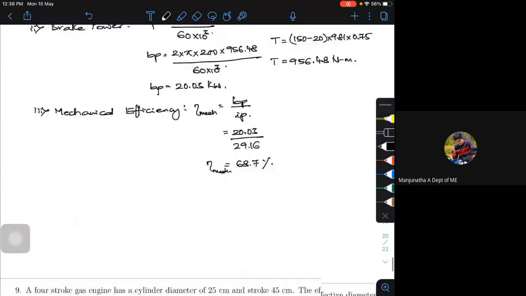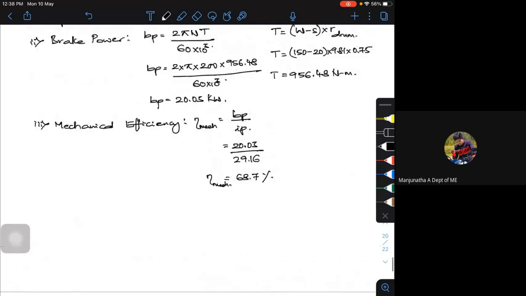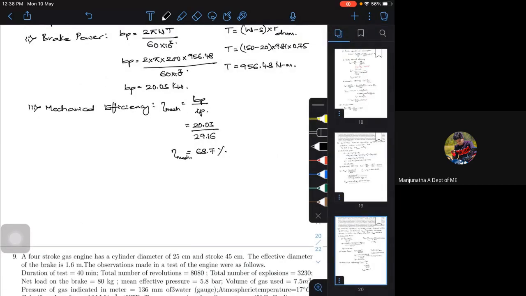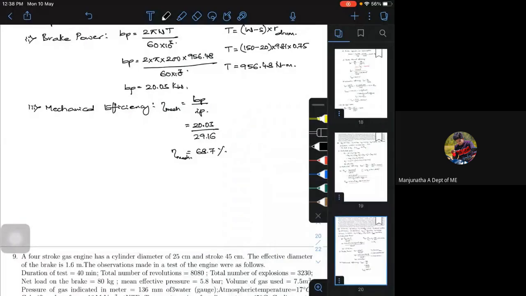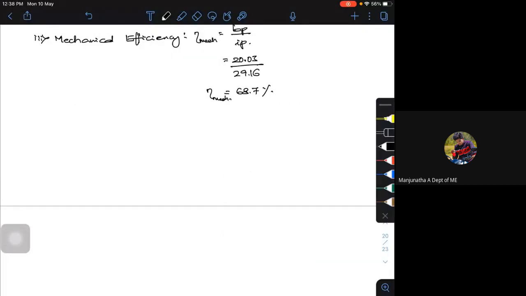So the next thing is the fourth one, brake specific fuel consumption, BSFC.